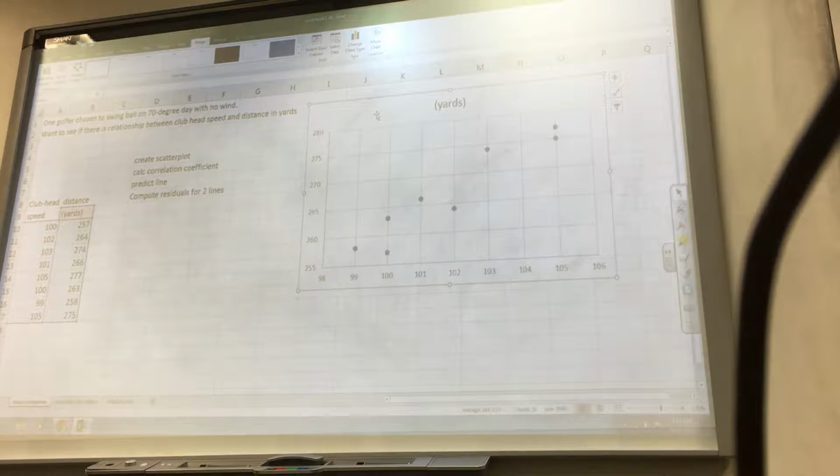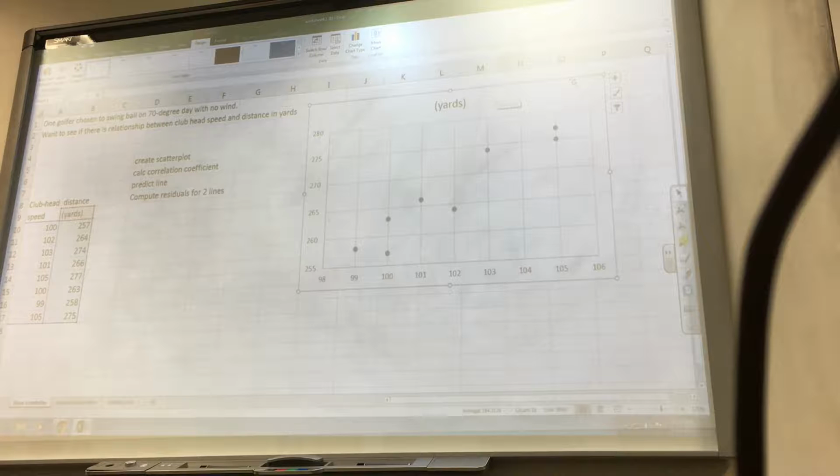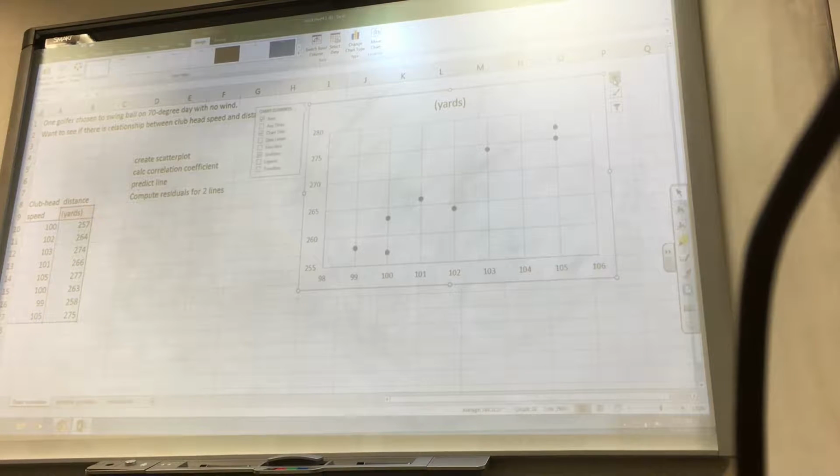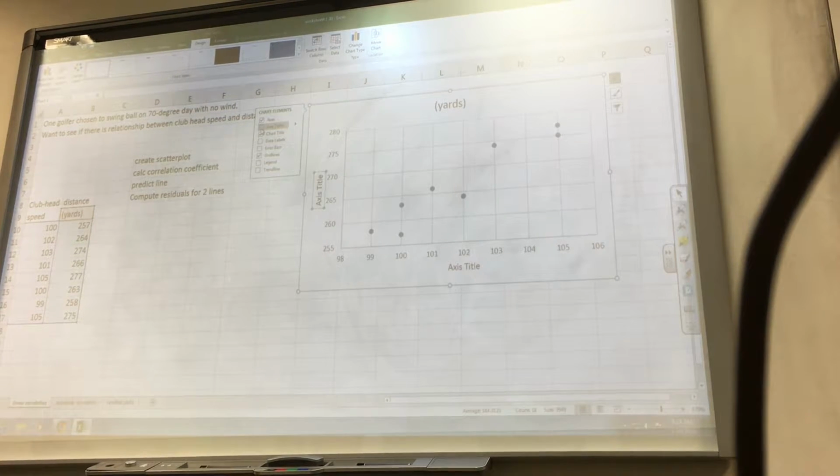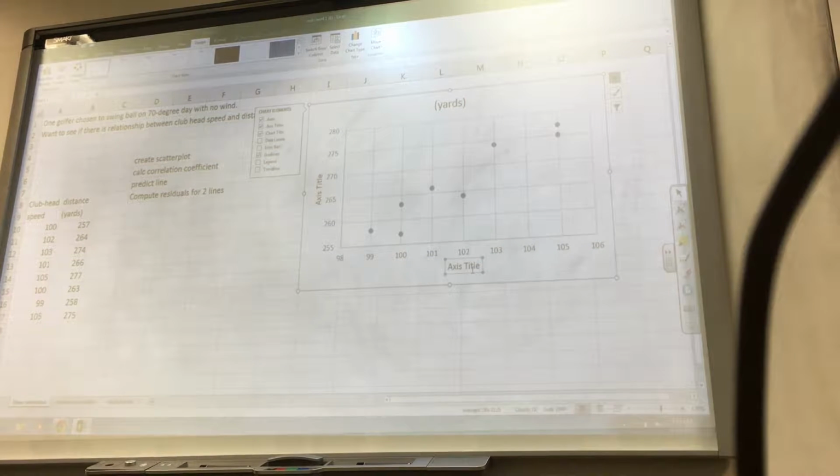What do you call that? You click on this green plus sign, and then it says add axis titles. Okay? So what should I put for an axis title here?